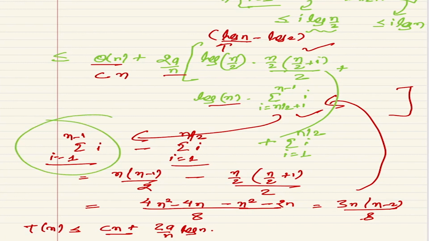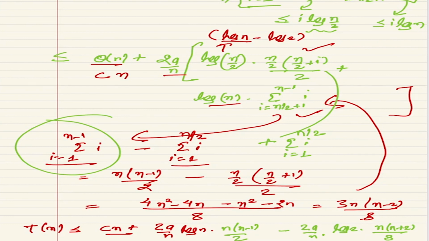So this becomes easy. 2a by n log n, this plus this is this one, so that is n times n minus 1 by 2, and this log 2 will be minus, so minus 2a by n log 2, and the summation of this term, that is n times n plus 2 by 8. Wow. So this is what this Tn looks like.